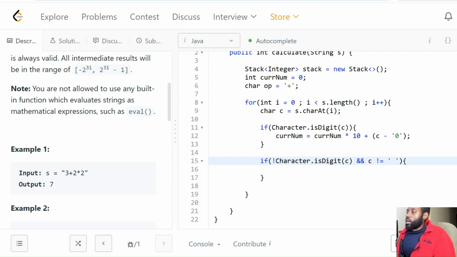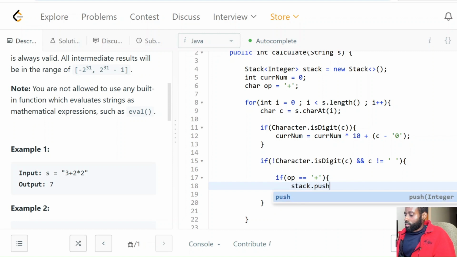So we need to make decisions now. We get to here, and we need to put our number into the stack. We're going to do a check here: if the operator is a plus sign, then we go ahead and push the current num that I had built onto the stack.